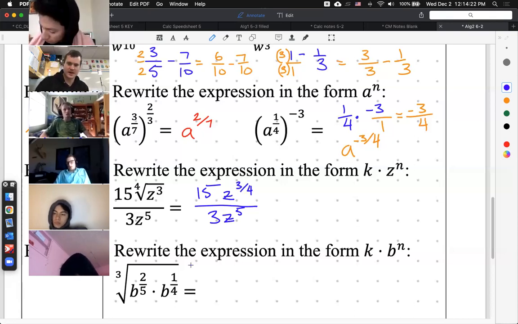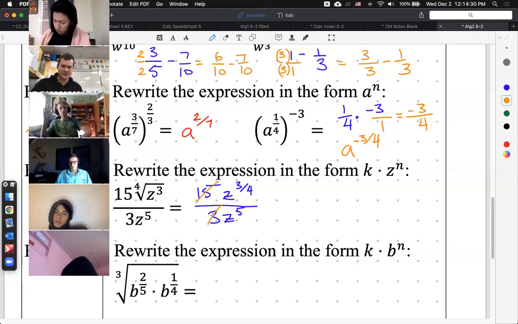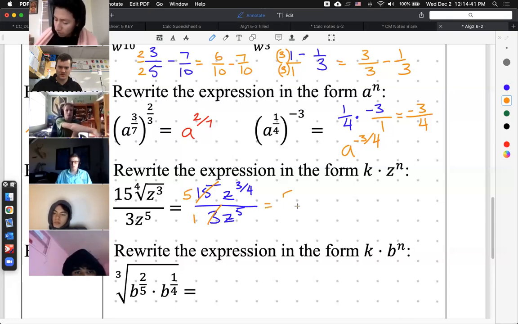There it is. And let's go ahead and simplify the coefficients. 15 divided by 3, they don't cross cancel, but they simplify. So 15 and 3 turns into what and what? How do I simplify 15 over 3, Charles? 5 and 1. So 5 would be top, 1 is bottom. And then what do I do with this z to the power of 3/4 and z to the power of 5?